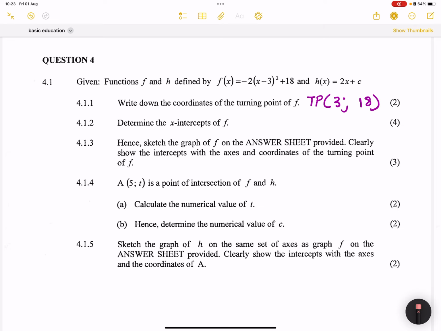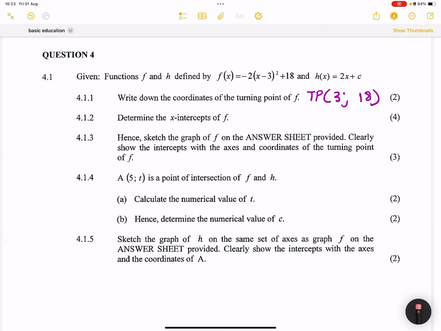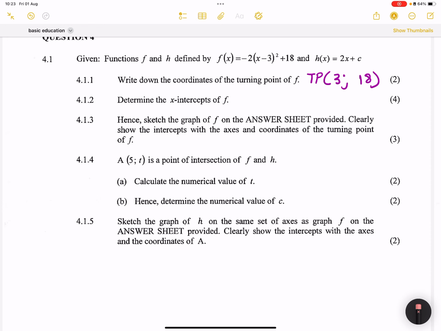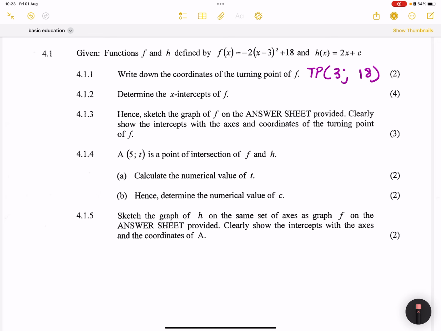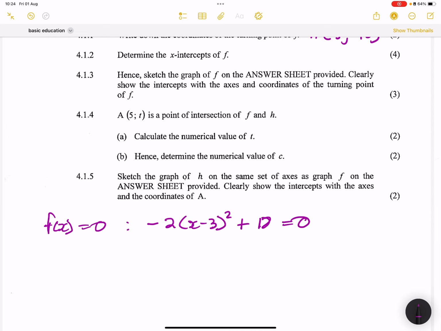Keep in mind, for the x-intercept, we know that y is equal to 0. So this is where f of x must be equal to 0. It means that we're going to say negative 2 into x minus 3 all squared plus 18 is equal to 0. So negative 2 into x minus 3 all squared is equal to negative 18.